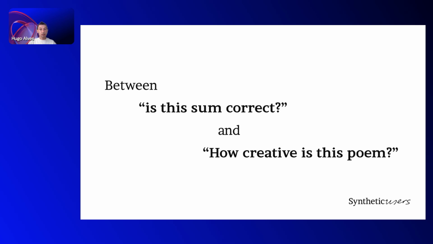Even if we ask it to generate code, we can run that code in a sandboxed environment and quickly understand if it's achieving what we want it to achieve. On the other side, we have stuff like, is this poem a creative one? That involves a level of subjectivity and nuance that makes the task a lot harder.